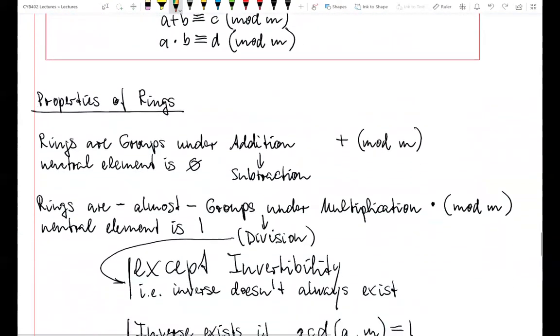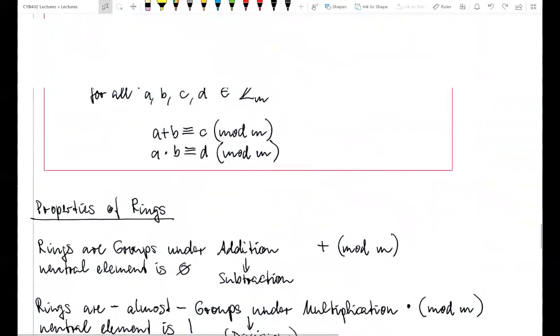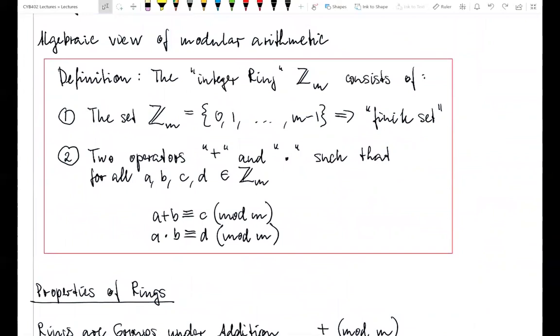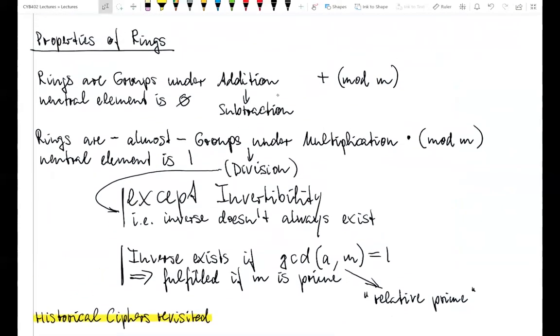So what are the properties of integer rings? We now know what integer rings are, what the set of elements is, and what the operations on these elements are. Let's look now at the properties of those integer rings. It turns out that integer rings are groups under addition.